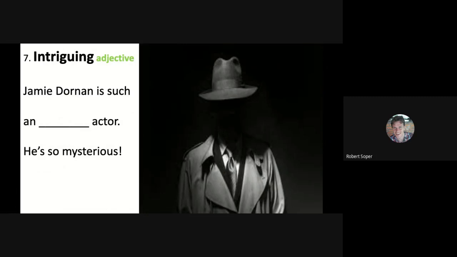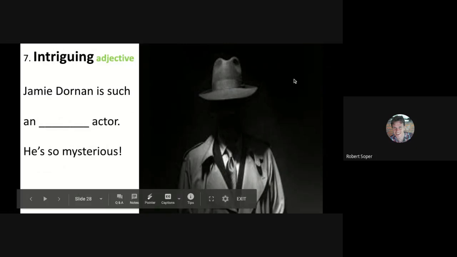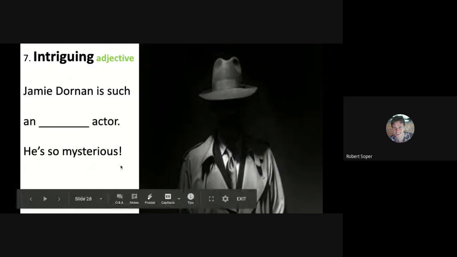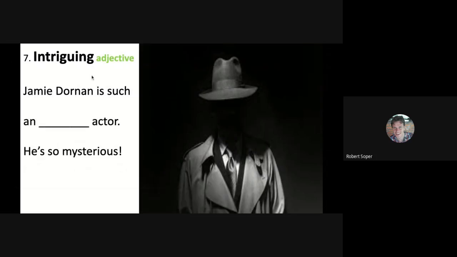And that's what makes it intriguing. We don't really expect to see things like this, so we find things like this intriguing. By the way, if you think somebody is mysterious, you can describe them as intriguing. You could say, wow, they're an intriguing person. They're so mysterious.